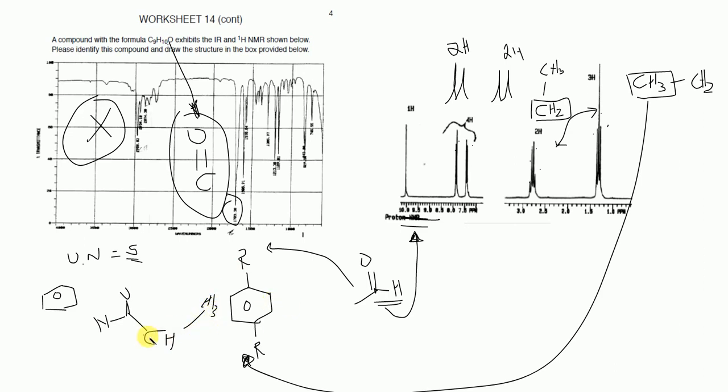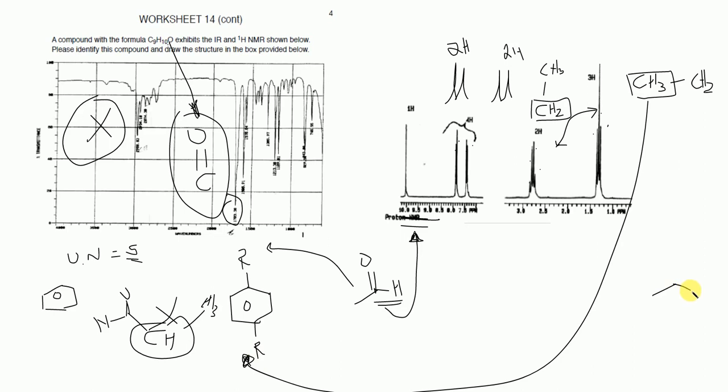That's the only case, but I don't have a CH like this. I have CH2, CH3. That is not the case. So that means one is on this end and one is on the other end.